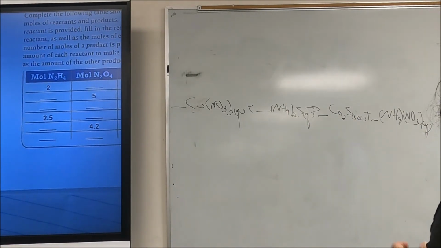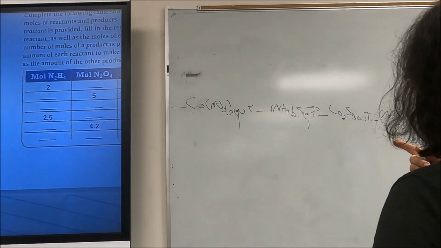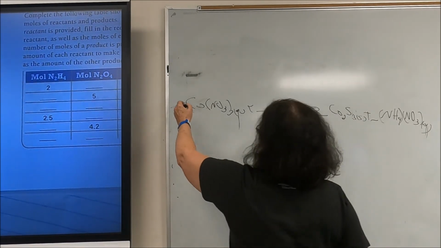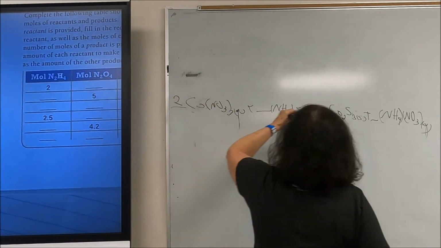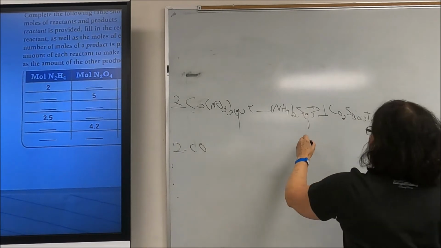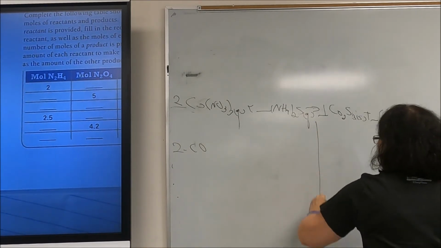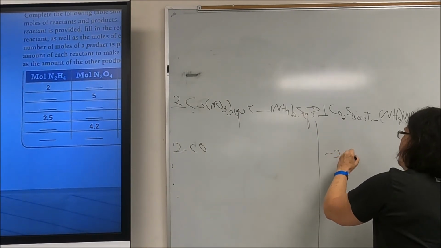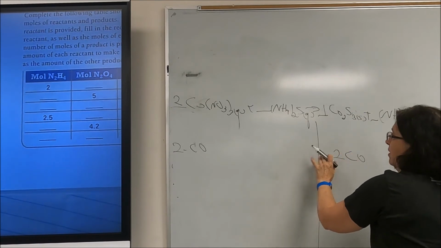Okay, now I can start anywhere. Nitrate appears in one place on both sides, ammonium ion appears in one place on both sides, the cobalt-3 plus appears in one place on both sides, sulfur appears in one place on both sides. So I'm going to start with cobalt just because. If I put a 2 there and a 1 there, I have 2 cobalts on this side, and I have 2 cobalts on this side.